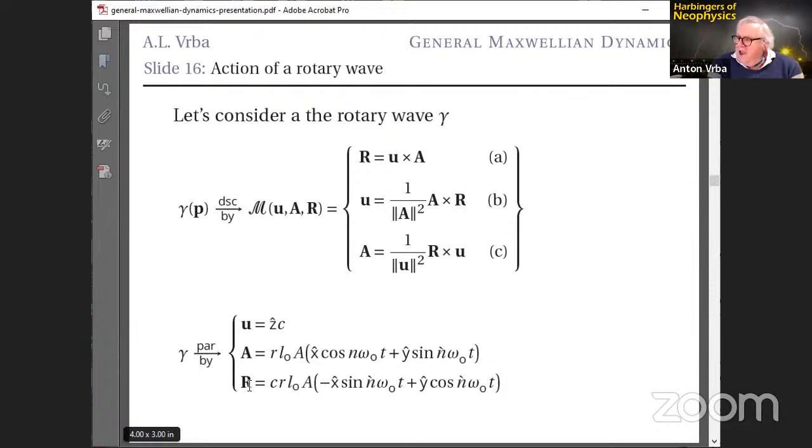L0 is an elementary length, and A is an elementary activation. I'm working here in quantized units, so L0 is a quantized unit and A is a quantized unit. R can be any value here.